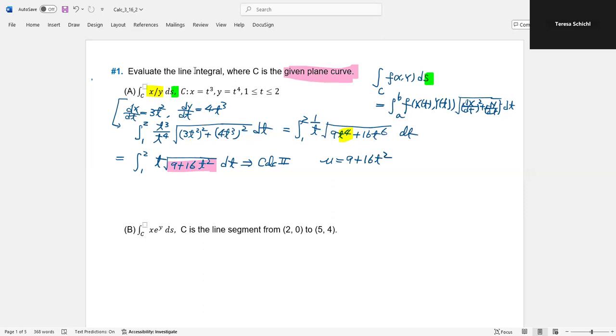Since this is a Calculus 3 class, I'm not going to go over the detailed integration process. I assume everybody in Calculus 3 knows how to do a simple u sub. So the final answer for this one will be 1 over 45.